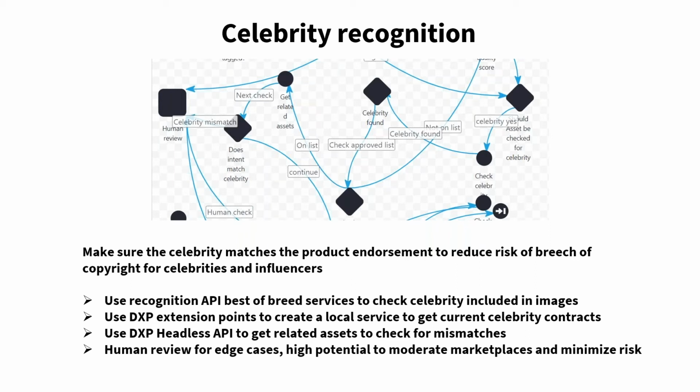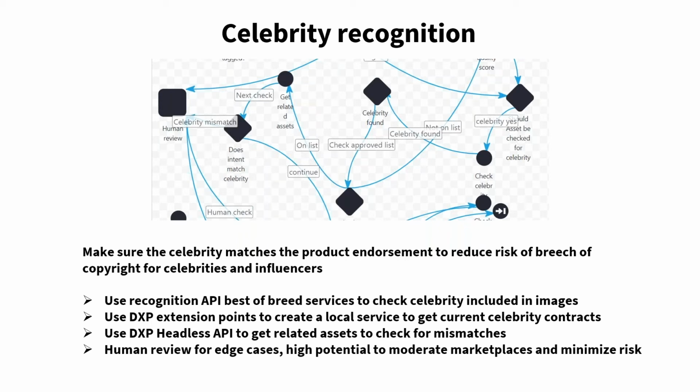Imagine you've got Terry's Toys, and you're selling a miniature Barbie doll that looks like Britney Spears. You first check that it actually looks like Britney Spears. Then you go through all the related assets and make sure that Tom Cruise doesn't appear in those assets where he shouldn't, because you've only got the contract with Britney Spears.